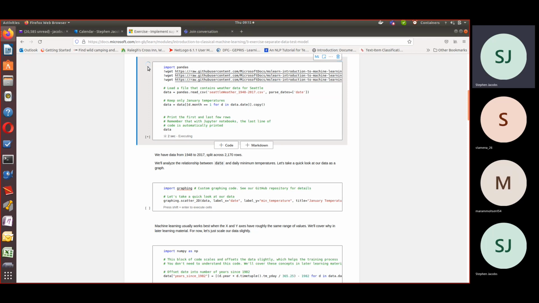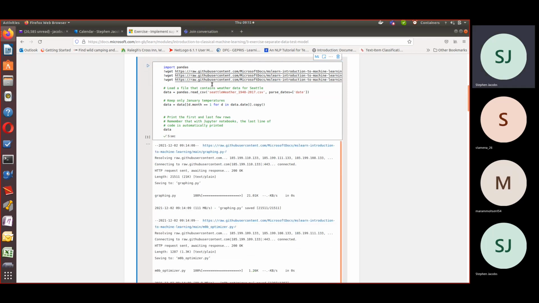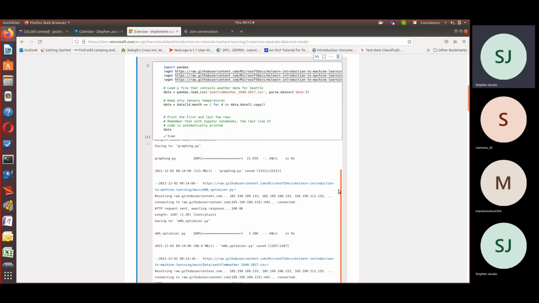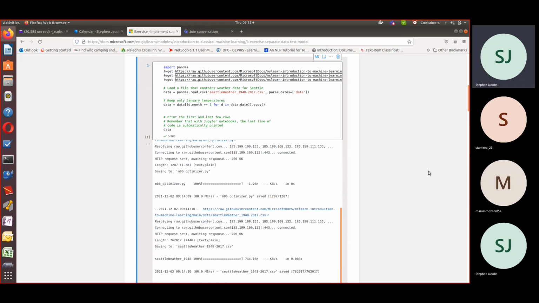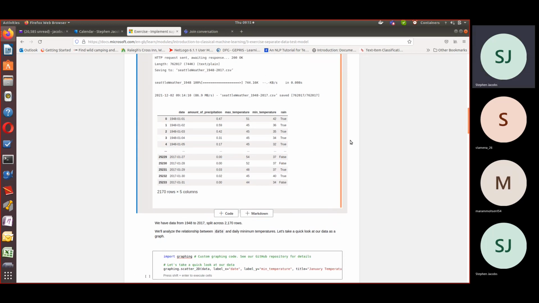It's running the job. And we'd expect to have the January information printed out nicely. And here it is. So this is the January information for the first 5 and the last 5.